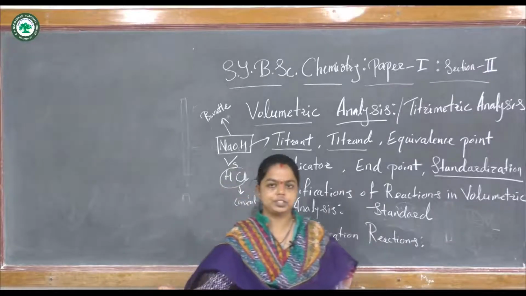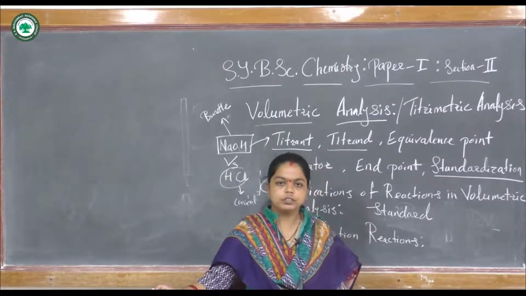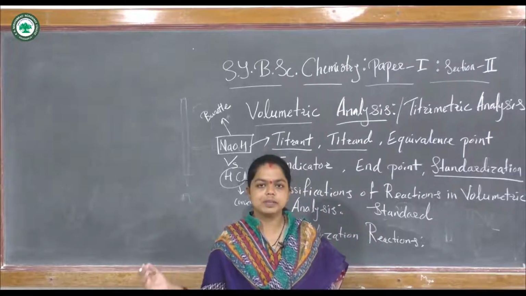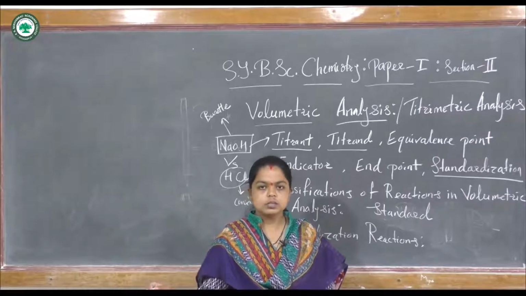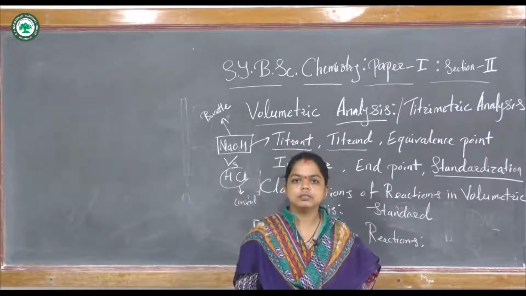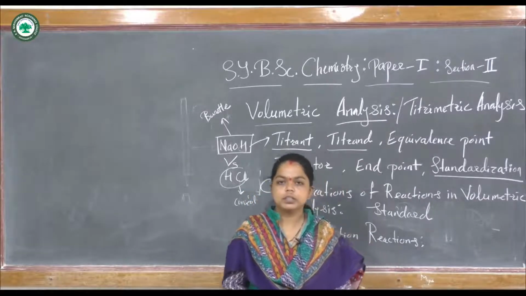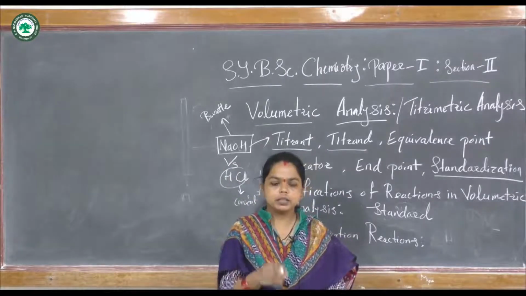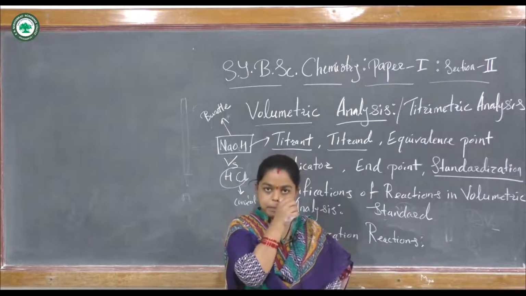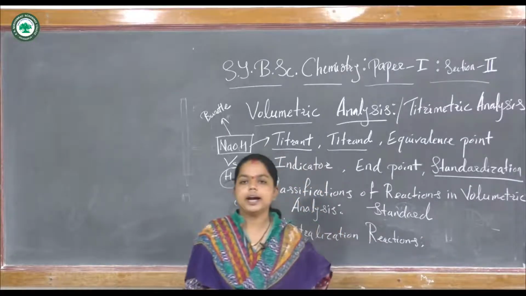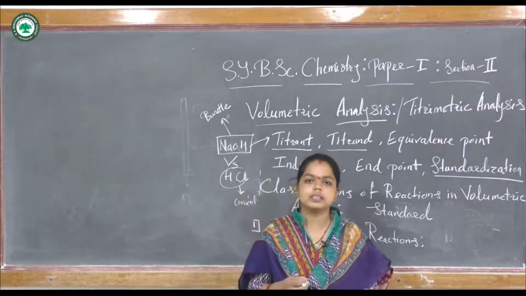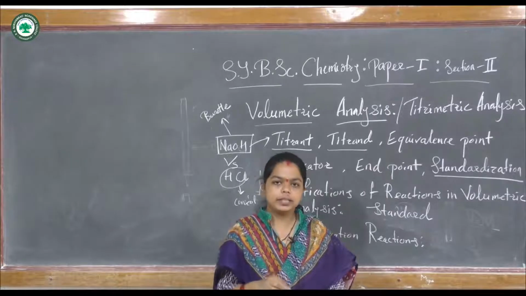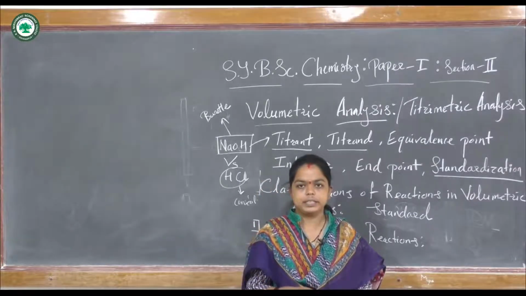Now the next point is the equivalence point, also called the end point of the titration. In titration we carry out the reaction of two species, for example acid and base. When acid and base react, neutralization slowly takes place, and at a particular concentration of the acid and base, for example nearly equal concentrations, the solution becomes neutral or the reaction is completed.